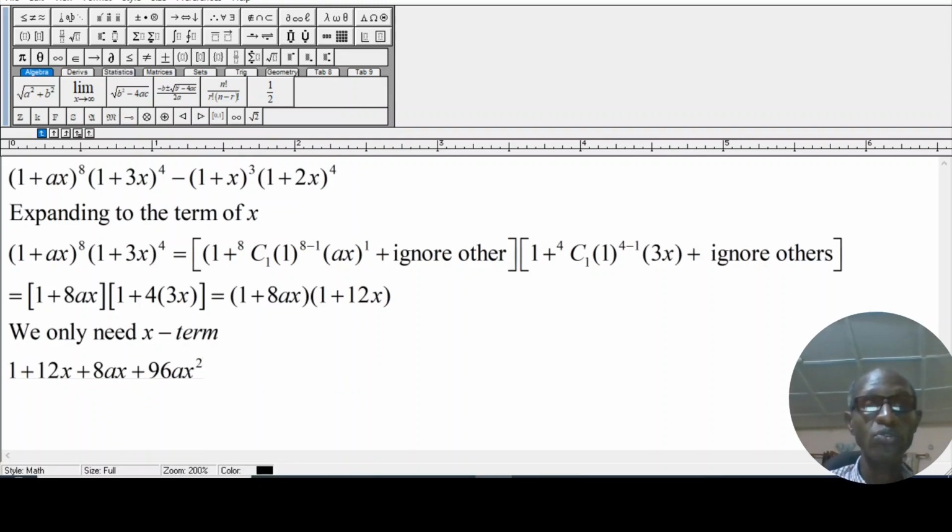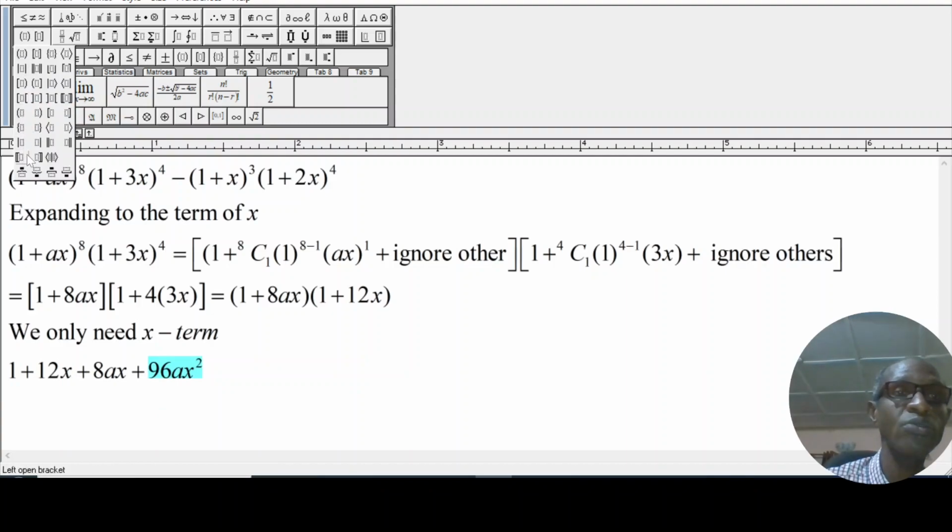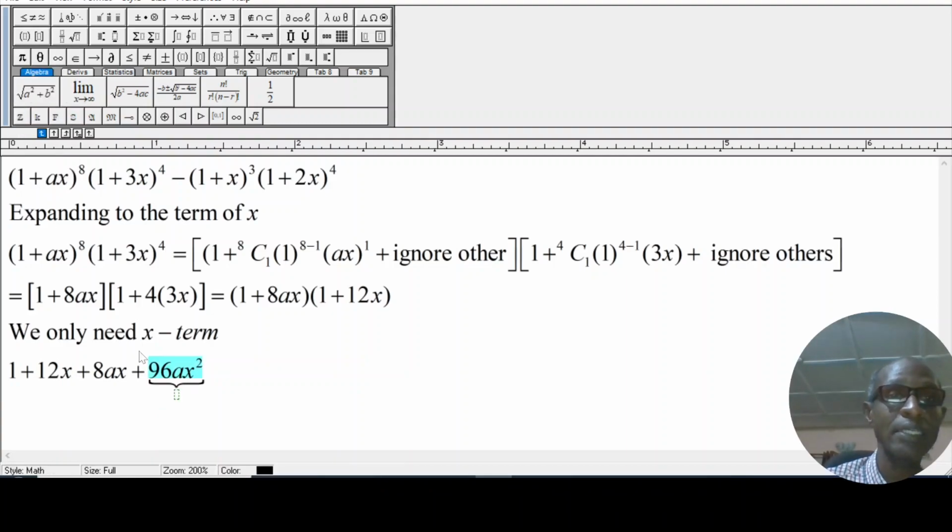This ax squared term we can ignore. We don't need it because we are not looking for anything with x squared. Ignore this term.